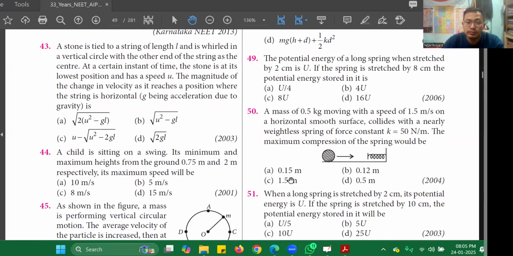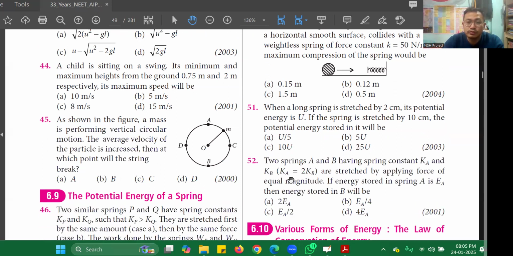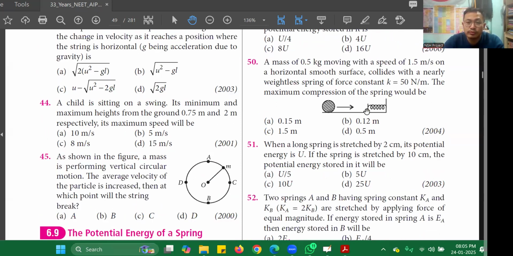Question number 50: a mass of 0.5 kg moving with a speed on a horizontal smooth surface collides with a nearly weightless spring of force constant k. The maximum compression of the spring would be?